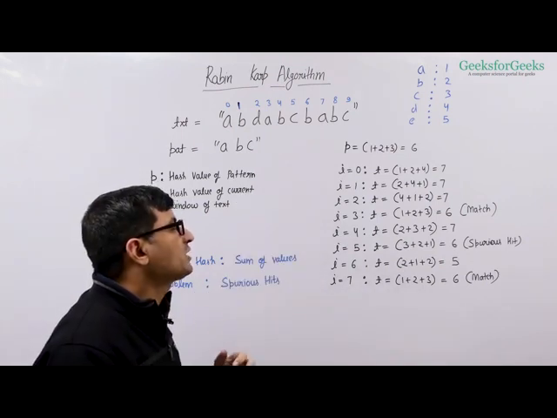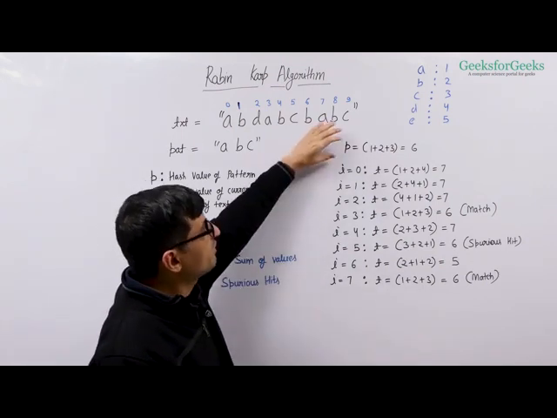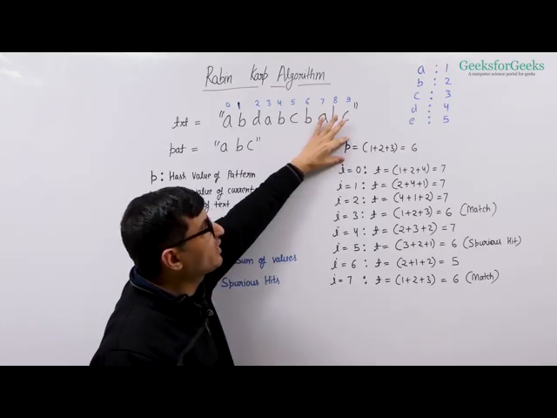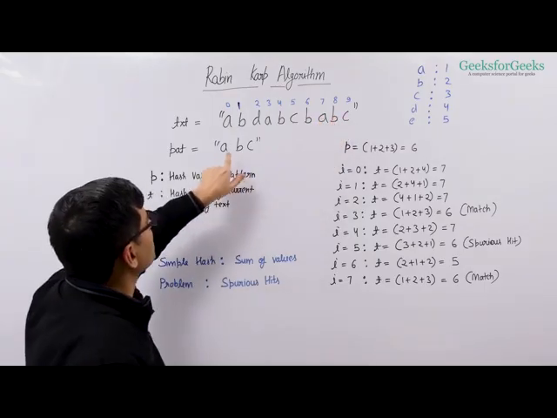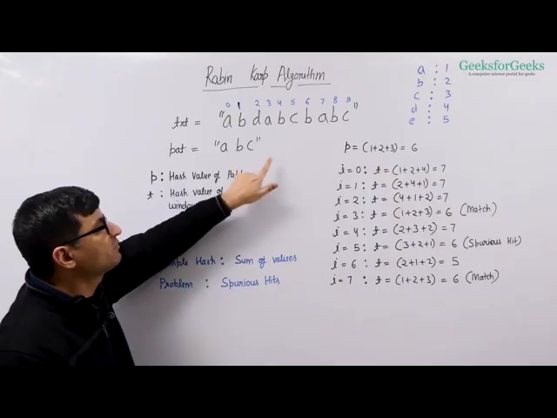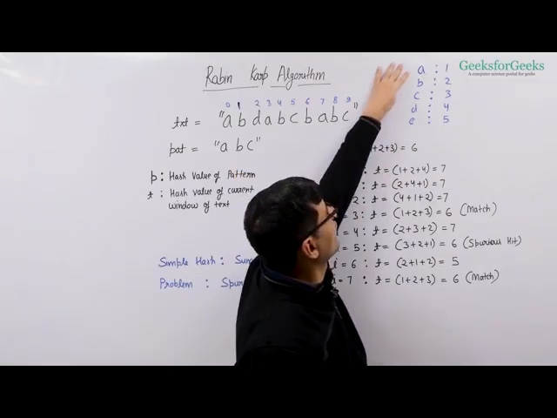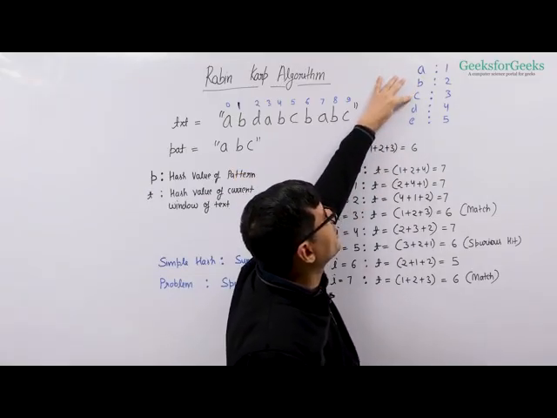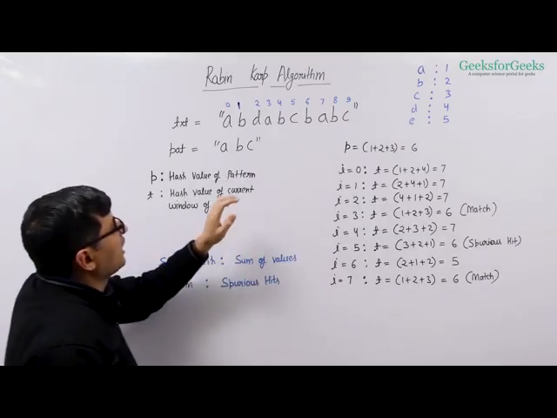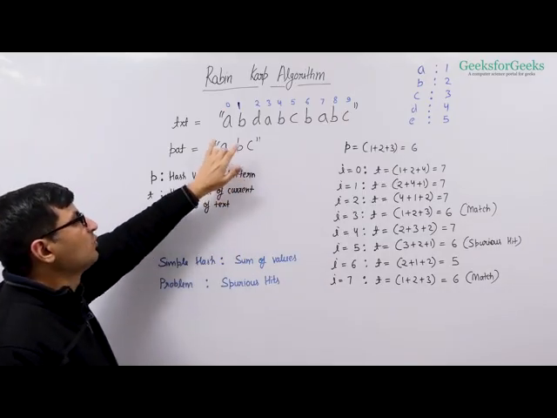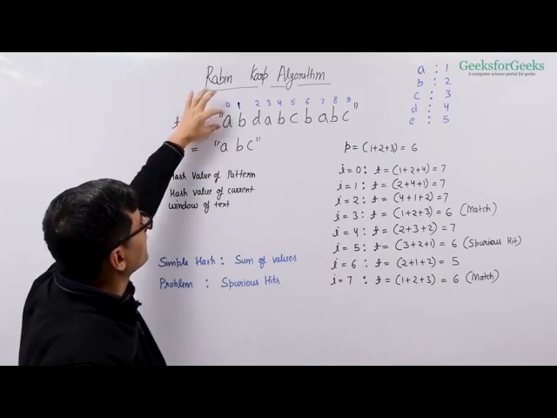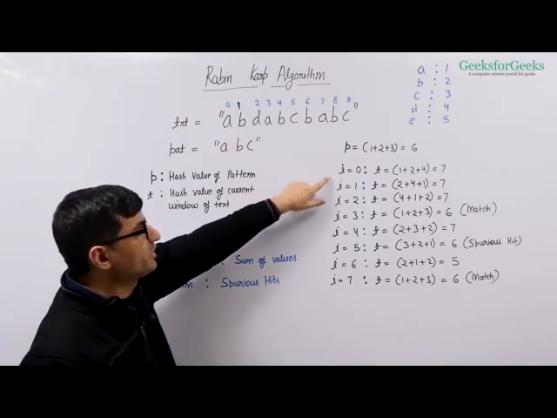So what we do is, we first compute the hash value of pattern, and this hash value is 1 plus 2 plus 3, which is 6, right? 1 for A, 2 for B, and 3 for C. Now we slide this pattern over the text one by one, and we begin with this index I equal to 0.